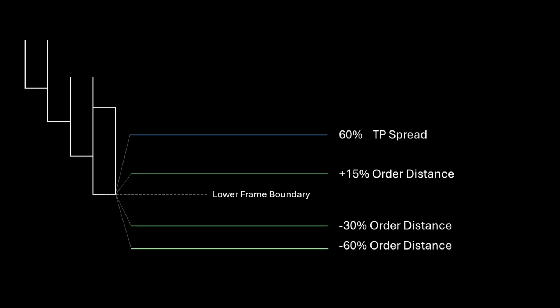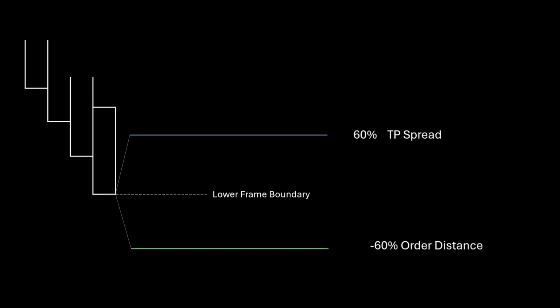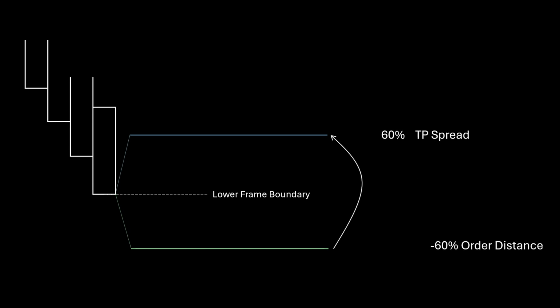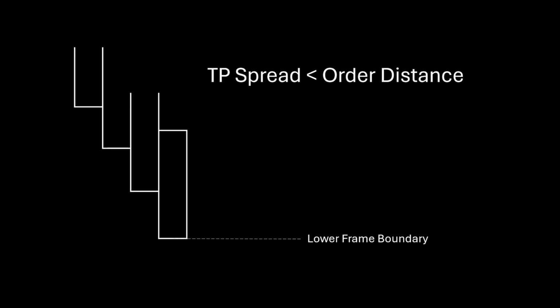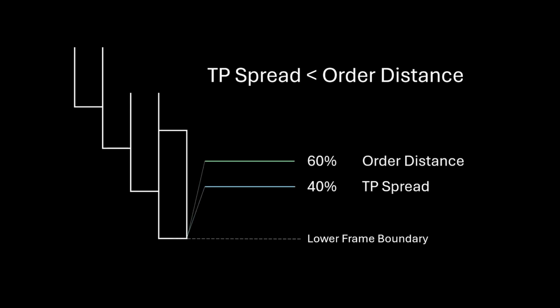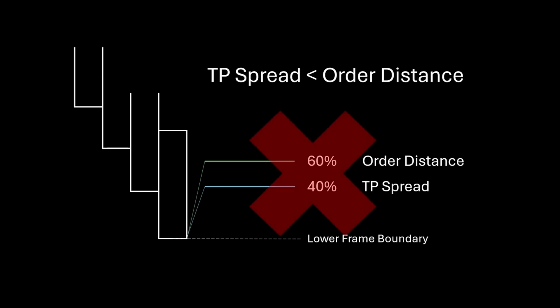So, the true distance that the price has to travel from position opening to take profit equals take profit spread distance minus order distance. Therefore, number one, it never makes sense to specify a take profit that is smaller than the order distance.